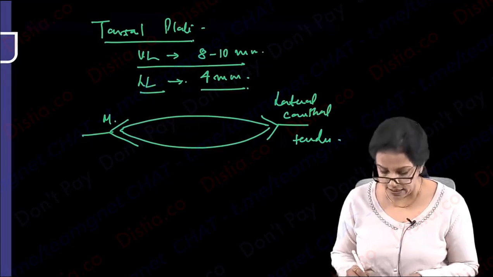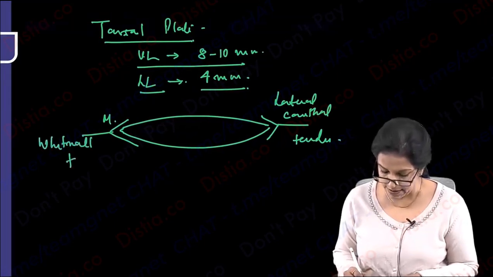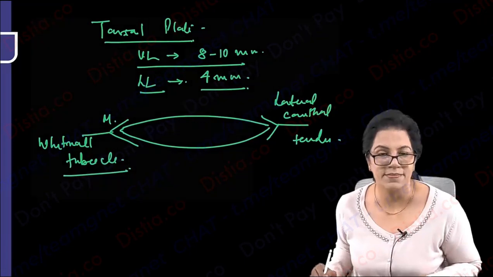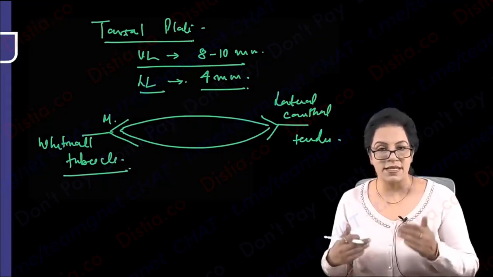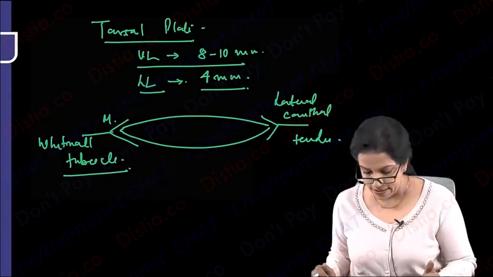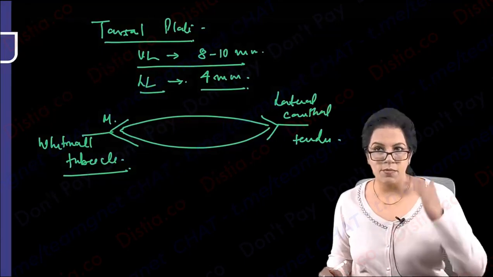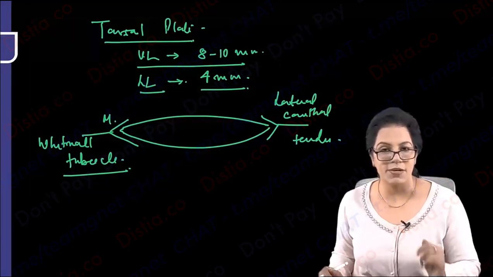And medially, it is attached to, one more name here please, Whitnall tubercle. I'll talk about Whitnall's ligament shortly. Now, what are the muscles attached to this tarsal plate? Upper border, it is Muller's, and the lower border is your LPS.